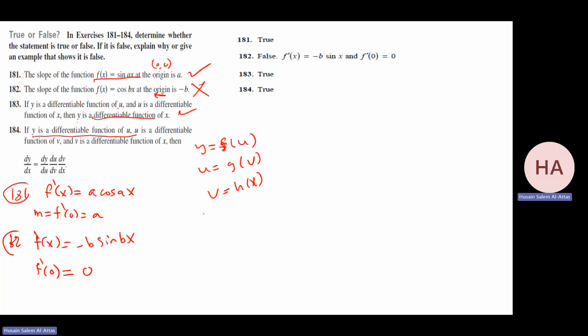Then y is f of g of h at x, where we have this derivative dy by dx. I can find it through the chain rule. So this is true.